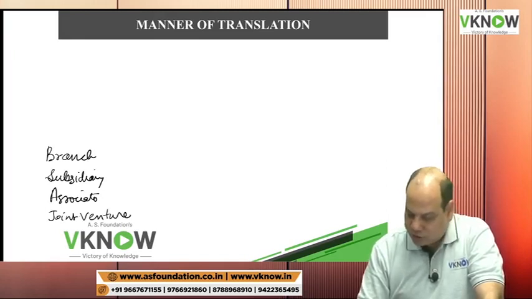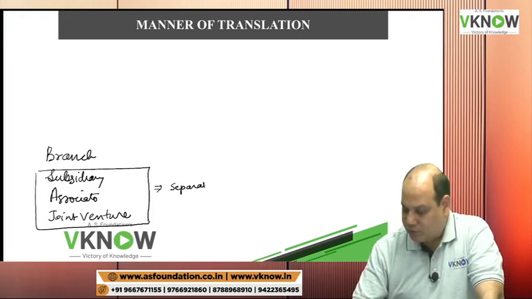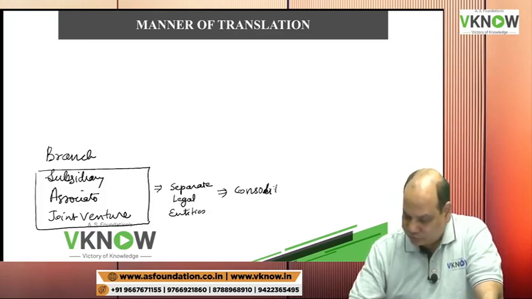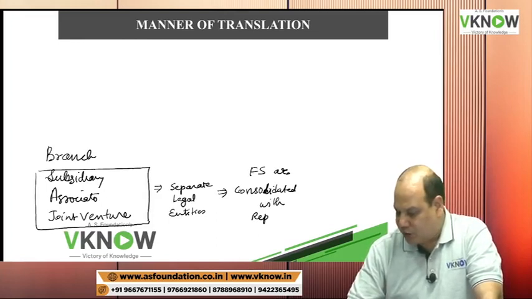Only focus on understanding subsidiary, associate, and joint venture. These are separate legal entities. Their financial statements are consolidated with the reporting company.